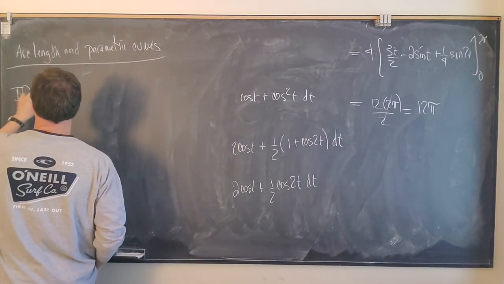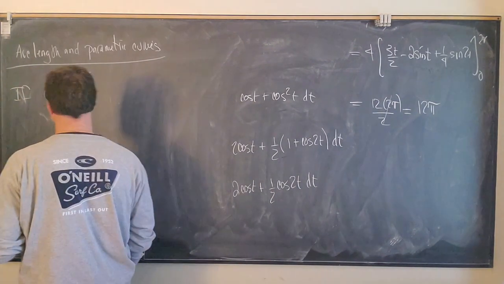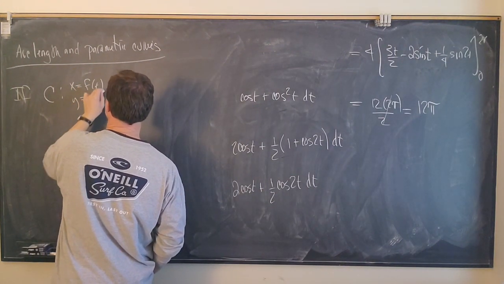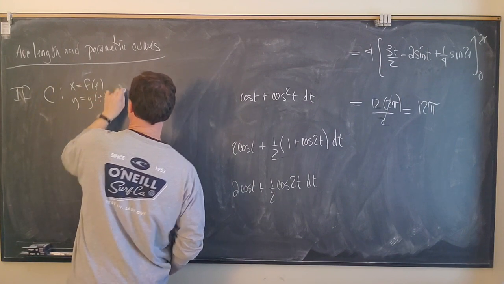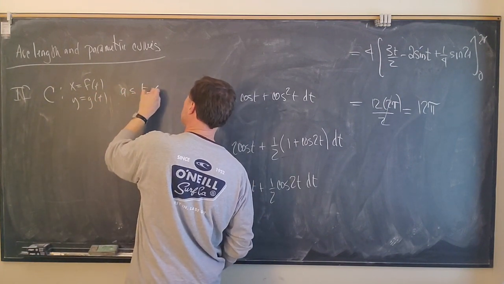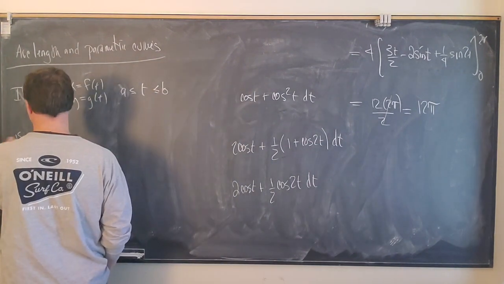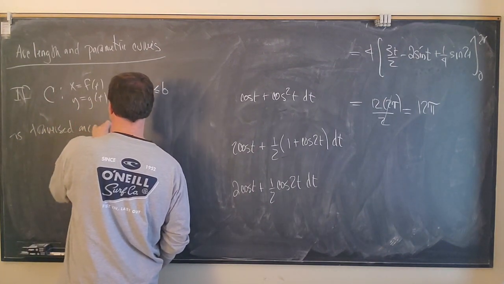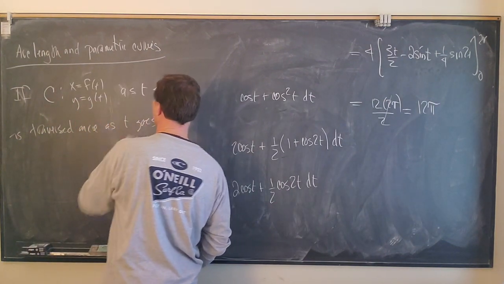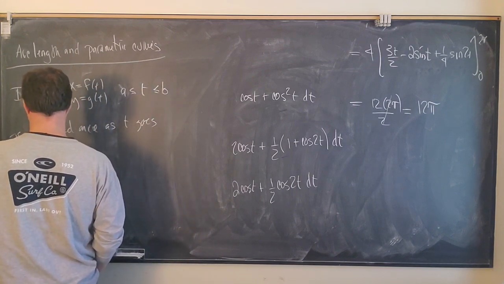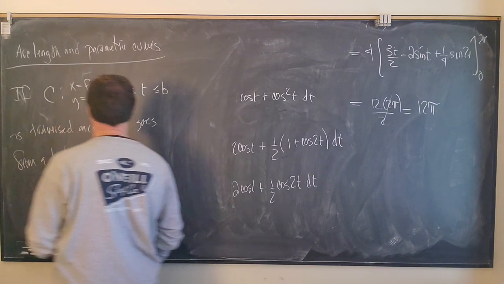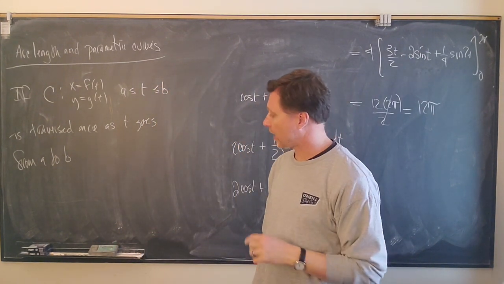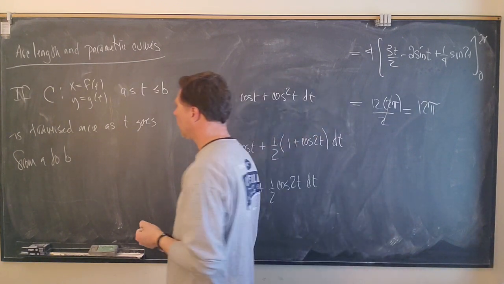If we have a parametric curve C, x equals f of t, y equals g of t, and I need bounds here, a less than or equal to t, less than or equal to b, is traversed once as t goes from a to b. Once again, if you want to actually verify it, one way to verify that, if you can show that the derivative is always positive, then you know that that happens.